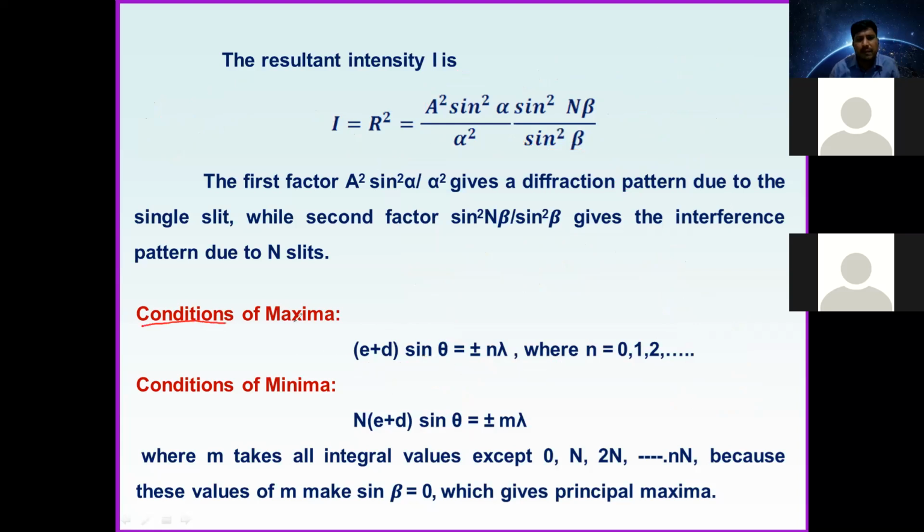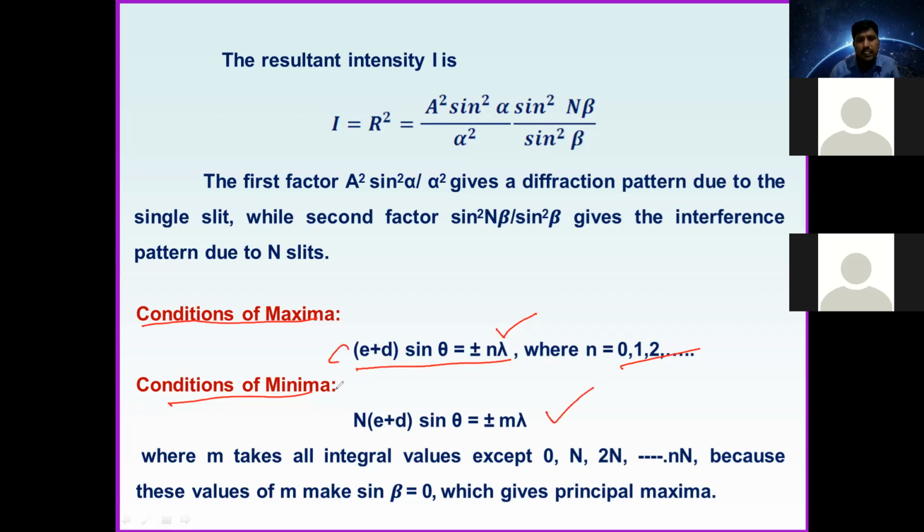So condition for maximum, same as I mentioned in the double slit also, (e + d) sin θ equals n λ. This is the condition for maximum. You should remember that, n is equal to 0, 1, 2. Condition for minimum: you should multiply with N into (e + d) sin θ equals plus or minus m λ.